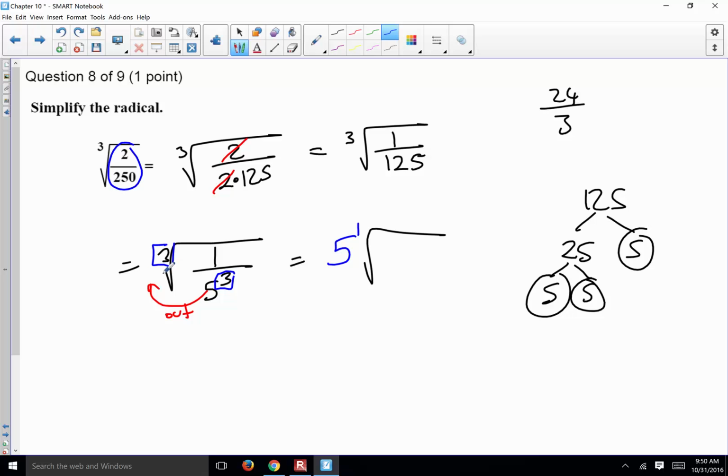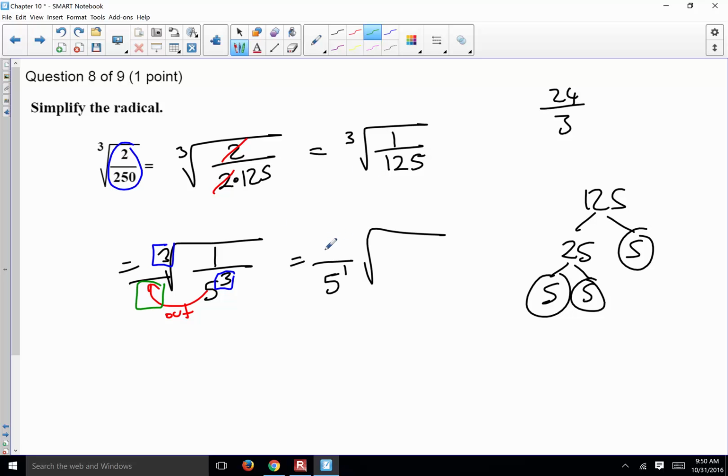No, this is wrong. This 5 cubed was in the denominator, so that 5 to the first, when you leave prison, you still need to be in the denominator. This guy goes to the denominator right here, this location.